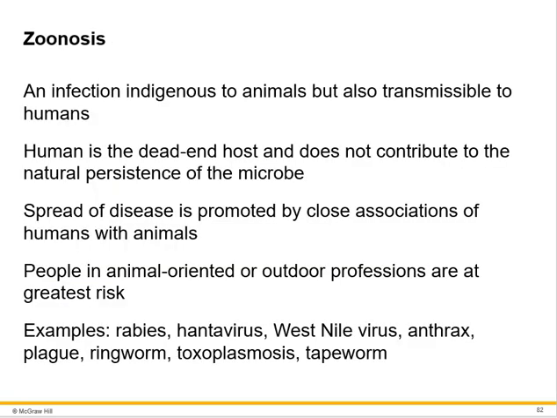So zoonosis means it's an infection indigenous to animals, but also transmissible to humans. So it's transmitted animal to human. We're animals too, but it's talking about non-human animals transmitting it to humans. And COVID is actually an example of this.